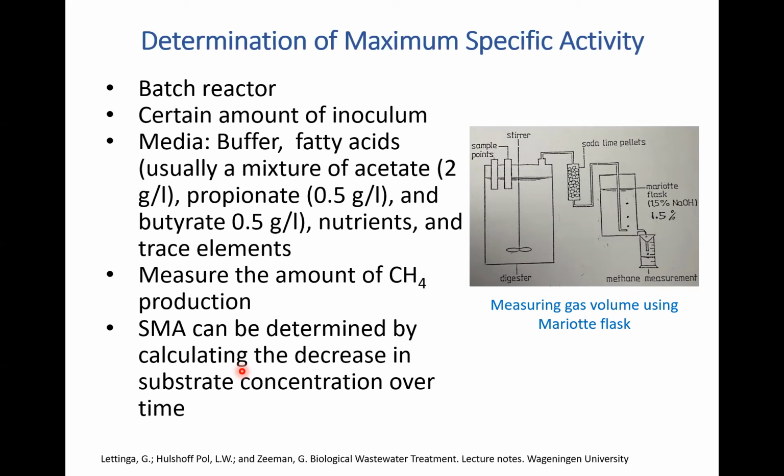In fact, you can also use only one acid, for example acetate, as the main substrate, and determine the activity based on acetoclastic methanogenesis, but you may overlook other microorganisms that consume propionate and butyrate.